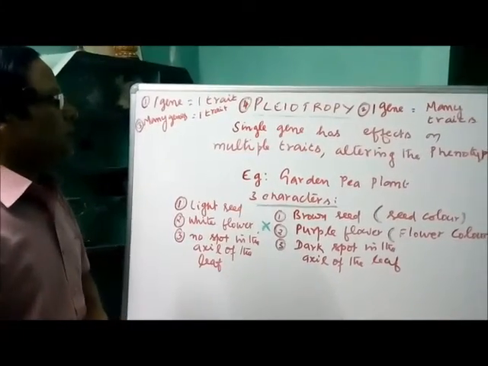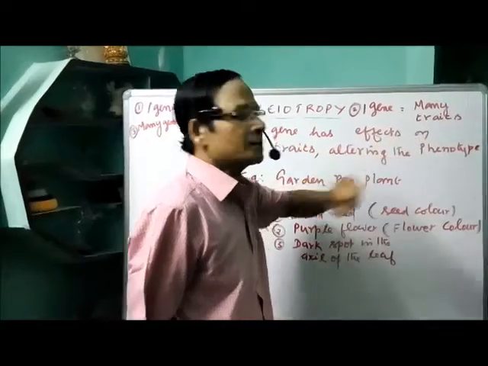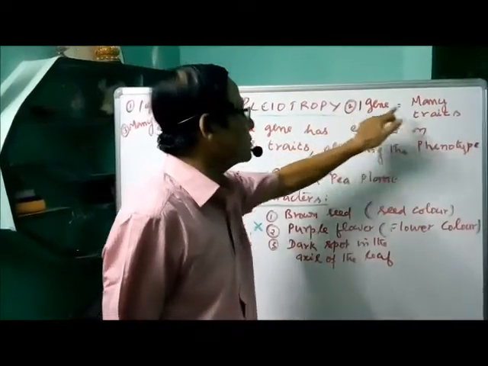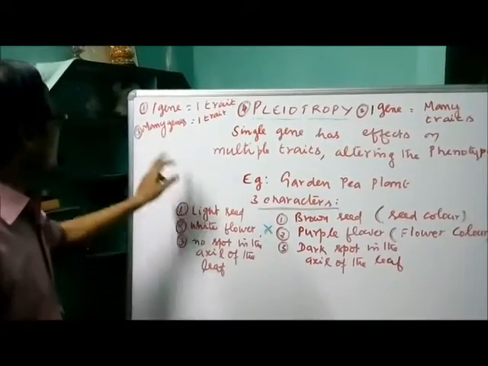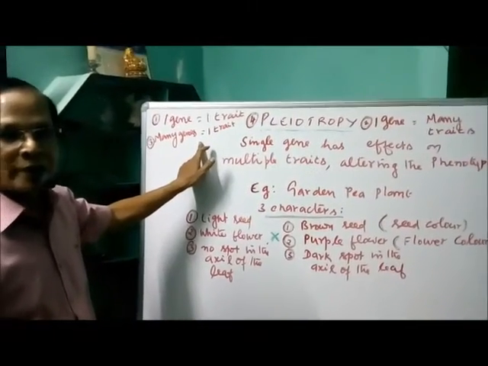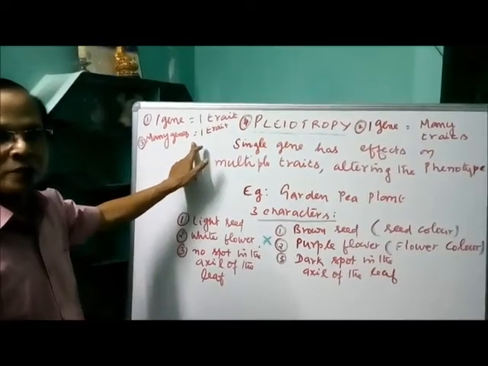Now the second one: a single gene controls many traits, and this is called pleiotropy. Now the third condition: many genes are involved in controlling a character, and they are called together polygenes.